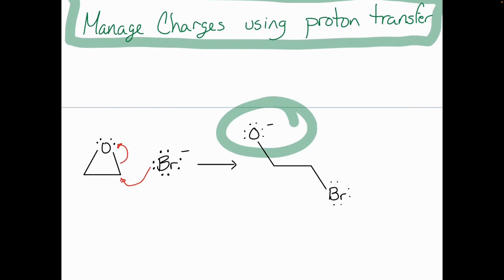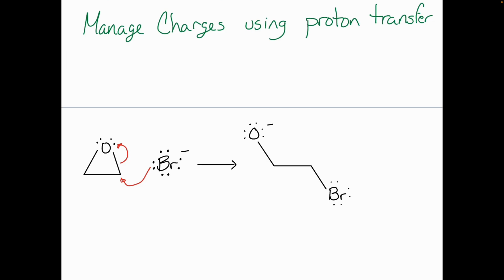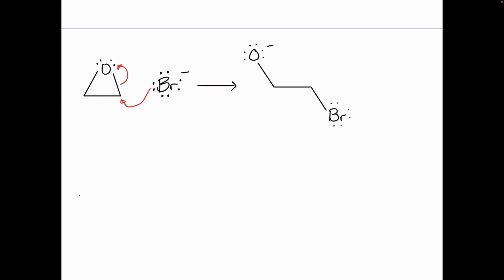So how can I avoid getting an intermediate like this that has a negative charge? Okay, how about instead in our first step, we protonate that oxygen. We do a proton transfer to that oxygen. All right, so if we're under acidic conditions, I can throw in a hydronium ion. If it specified a particular acid, I could use that formula as well.